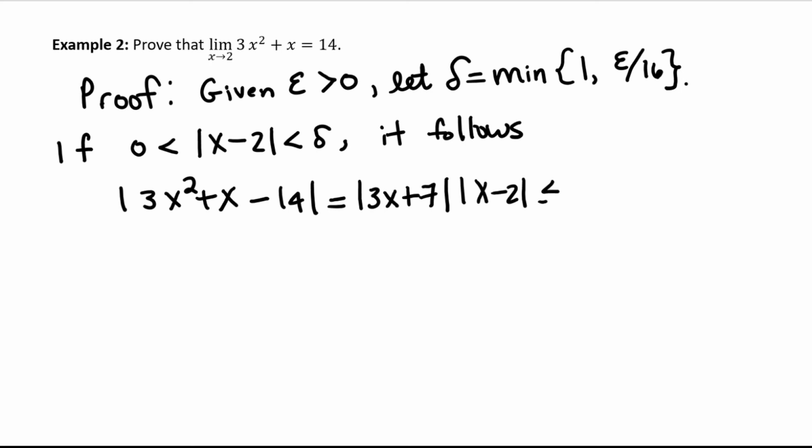And we know that that will be equal to or less than the 16. And for the delta, we'll write epsilon over 16, which equals epsilon.